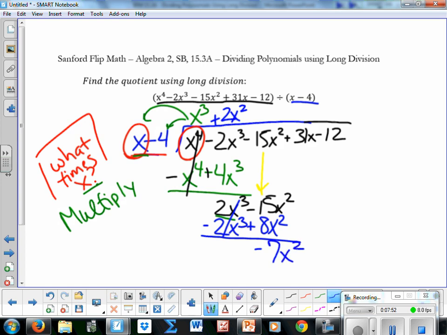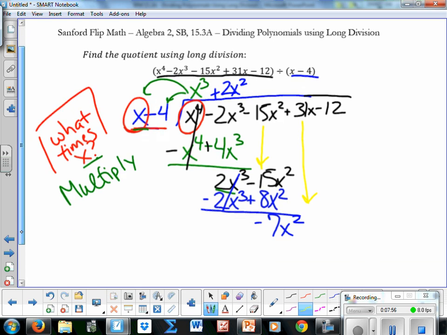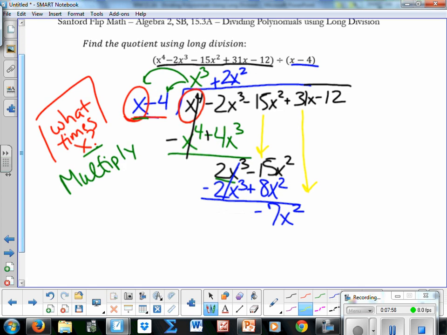All right, now I'm just going to continue the same process here. We're bringing down each of our terms until we can't go any further. And we're going to continue with the opposite, then add. So now we have, what times x gives us negative 7x squared? Well, that's negative 7x in this case.